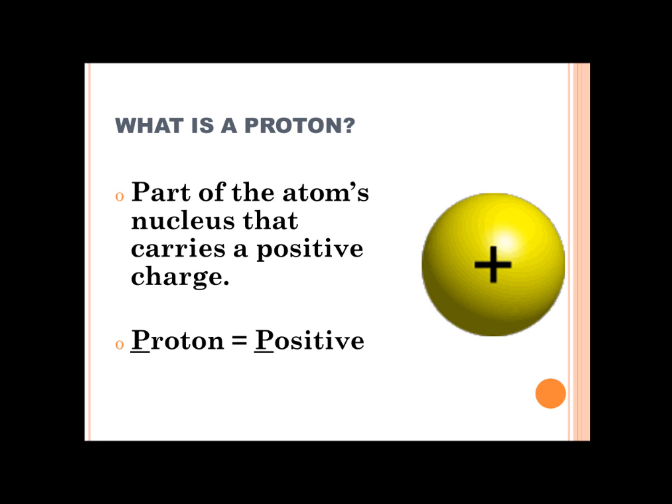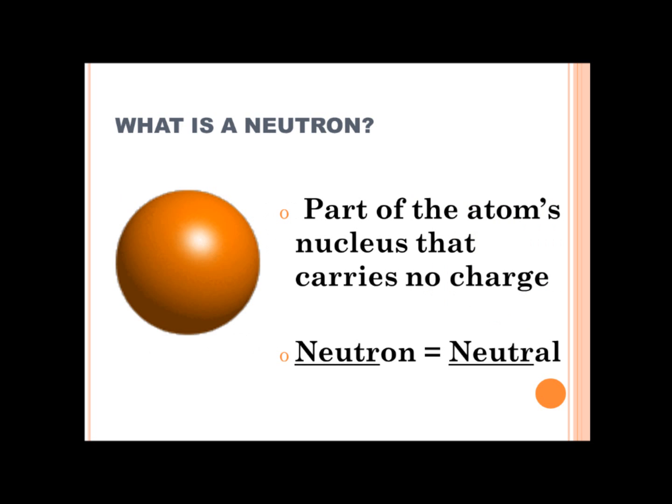Okay. Now the other subatomic particle that's in the nucleus is called a neutron. And this is the part of the atom's nucleus that carries no charge. So it doesn't have a charge. It's not positive and it's not negative. It's just neutral.